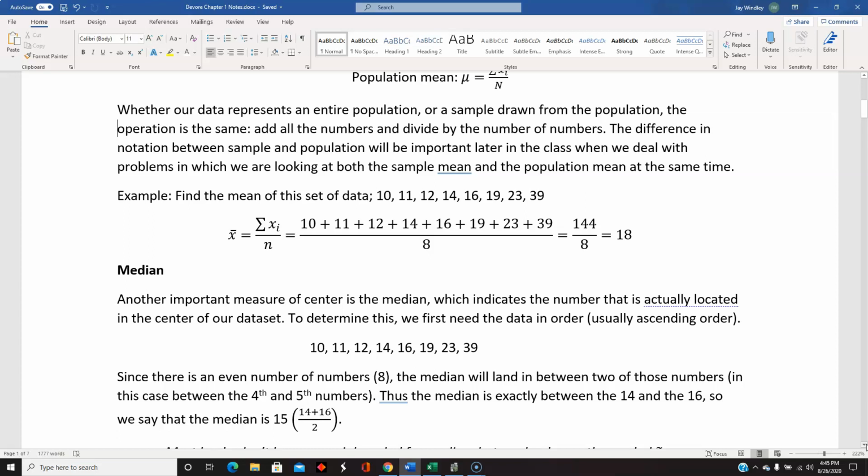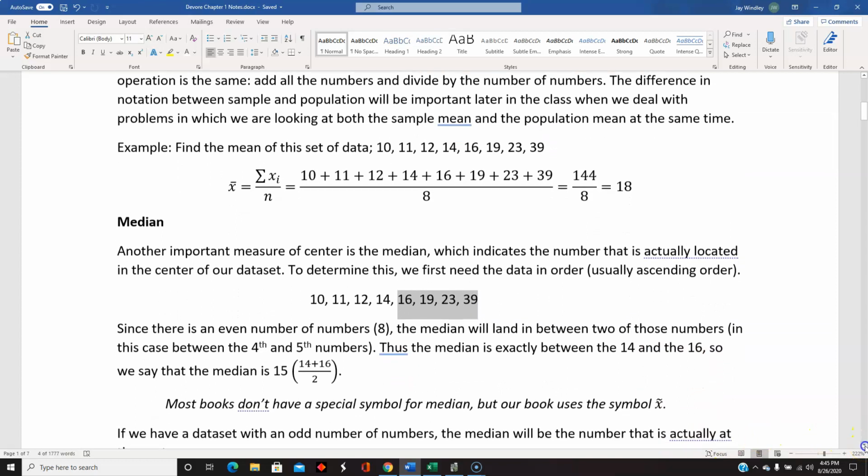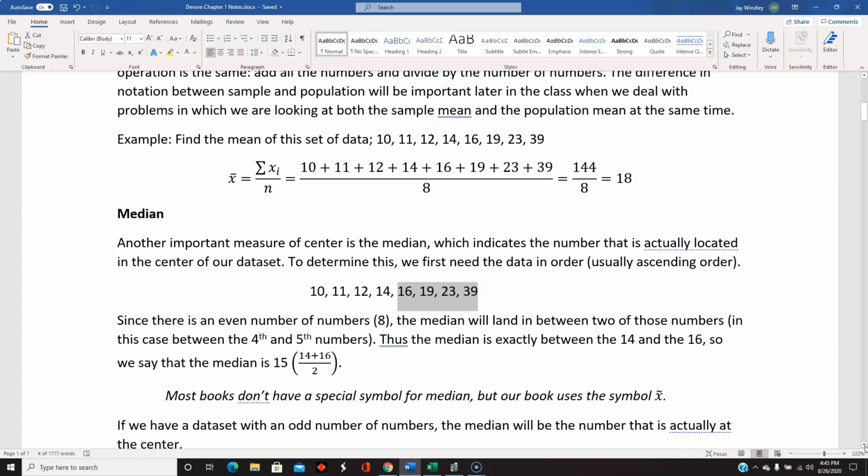And if there's an even number of numbers, like we have in this data set here, then the median is actually going to land in between two of those numbers, because we have 4 numbers in the lower half of data and another 4 numbers in the upper half of data. So the median is going to land in between the 4th and 5th number, which is the 14 and the 16. The number that's exactly in between 14 and 16 is, of course, 15.